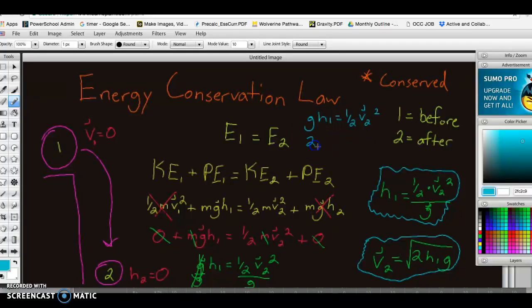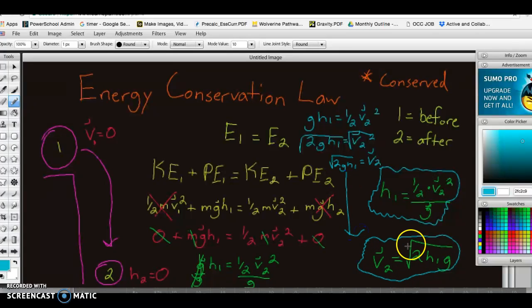That became 2GH1 equal to V2 squared. And to get rid of this square, I have to square root both sides. So then V2 is going to equal the square root of 2GH1. Okay. Now, that's what this is here.